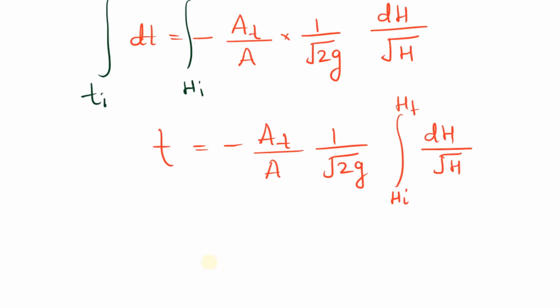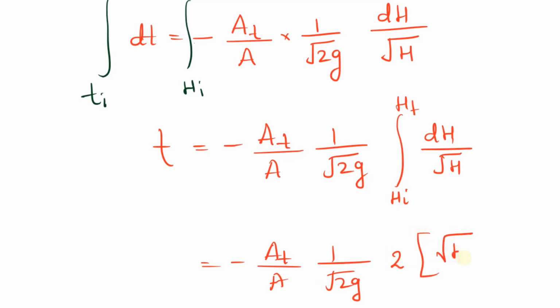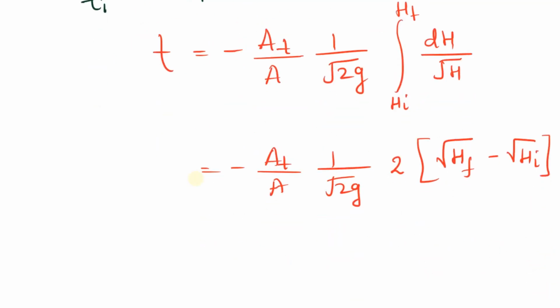After integration and substituting the limits, we get 2 times square root of HF minus square root of initial height. So this is the time taken. This is how we calculate the time taken for the water to reach some final height HF.